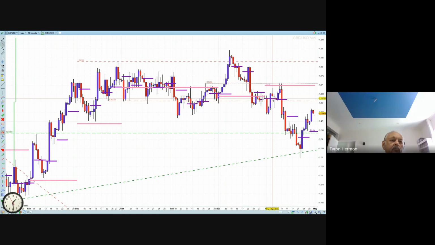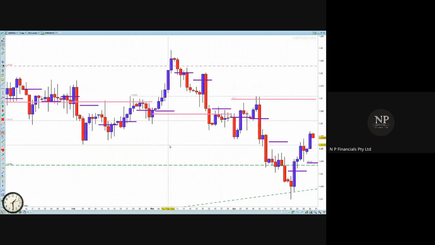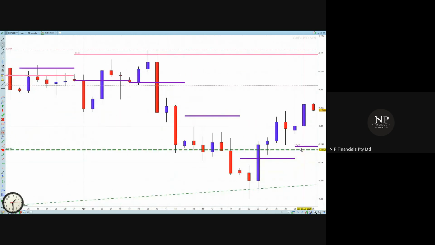Now let me ask a question. Are those pivot lines there before price moves? Yeah, like this one here in front of you. This is the prior pivot this week. So pivot is already there. This pivot is already there.